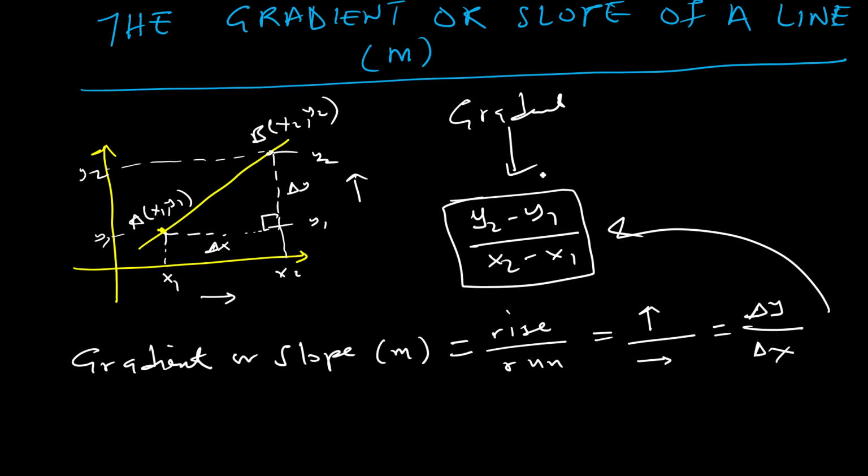Okay, so let's solve examples. So when you are given 2 points, you can be asked to find the gradient of the line joining 2 points. When a line is joining 2 points and you're asked to find the slope, this is the formula. It's very simple. Okay, so let's move on and solve examples.